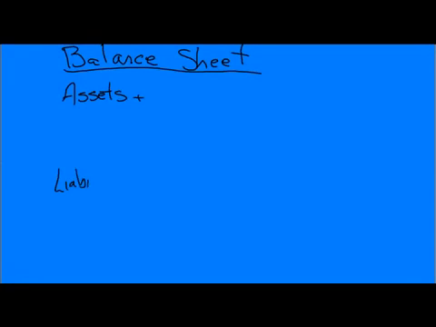Right now we're going to be talking about the balance sheet, and this is hard to explain somewhat in a small home example sense, but we'll give it a shot. A balance sheet consists of an upper and a lower section, if you want to consider it vertically. On the top side you have assets, or things that are positive, and then on the bottom side you have liabilities and equity.